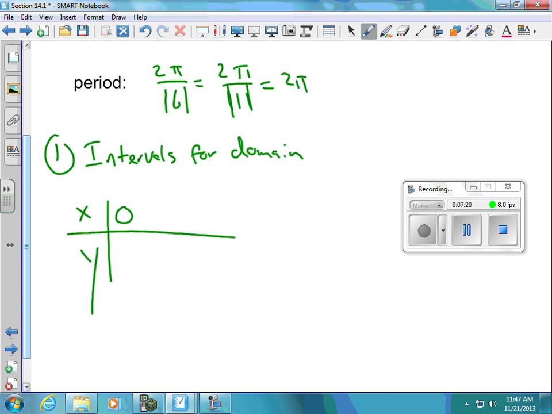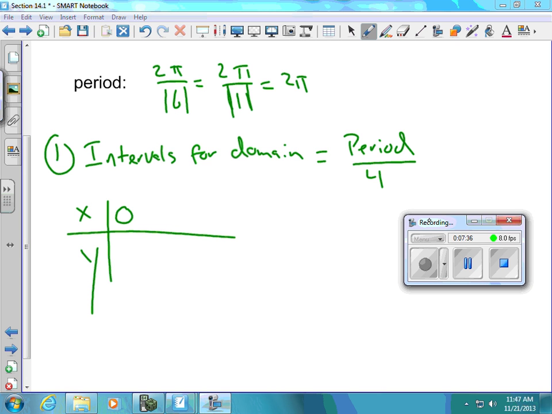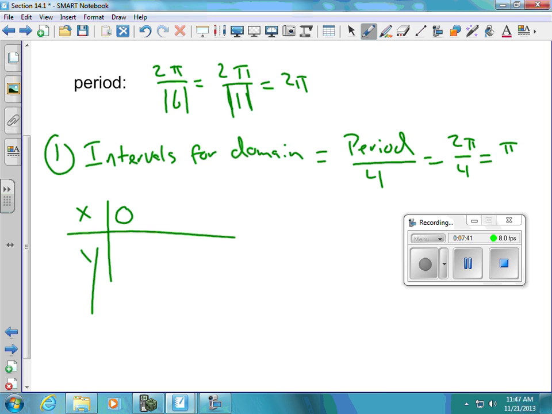Well, the way you do this is you take your period. This is a formula that's not in your notes or in your formula sheet or in your book. Take your period and divide it by 4. That's the formula for finding the interval length. Our period is 2 pi. We divide that by 4, we get pi over 2. So we are going to add pi over 2 starting from 0. So we start at 0, then 0 plus pi over 2 is pi over 2.